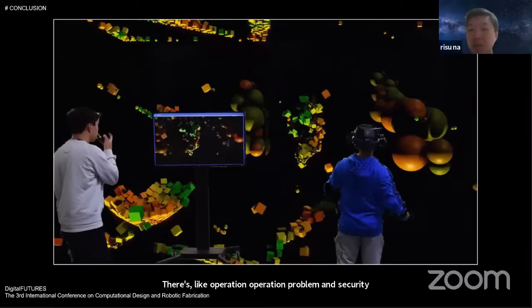Even if the robot is in China and the user is in America, you can put it in the virtual scene and see the robots moving, and you can actually build something if accuracy is not a problem. But in our case, we just want to pose this question. It's not that kind of collaboration where you can see me and I can see you and we do something together. It's more digital, and we're collaborating in the virtual space, but it's actually happening in the physical space.